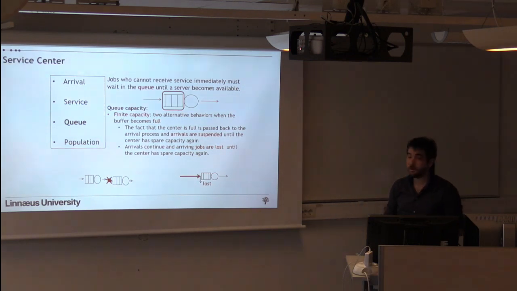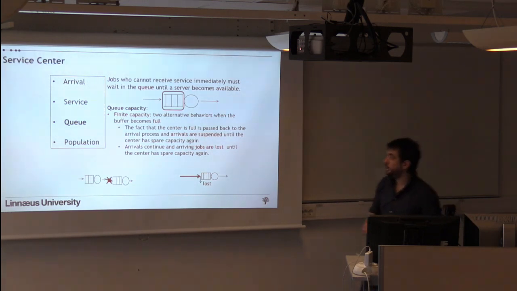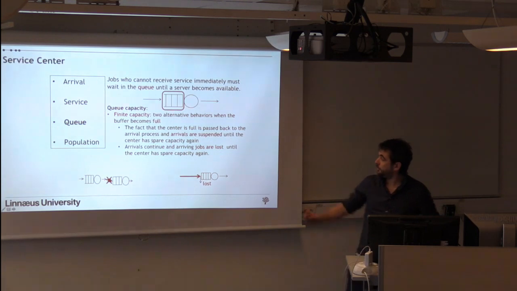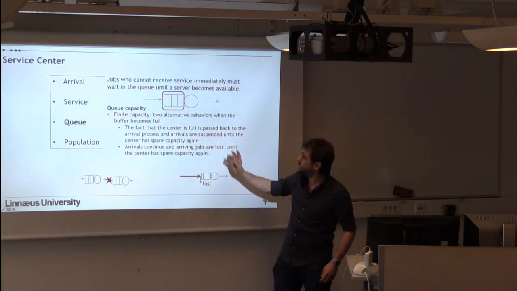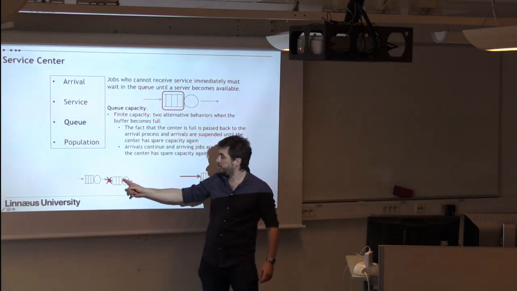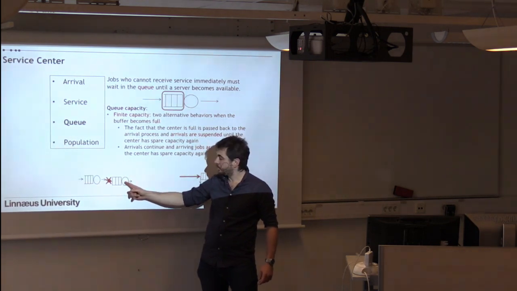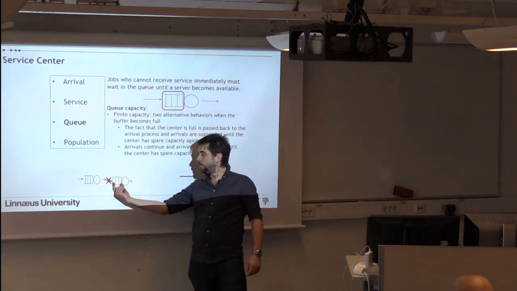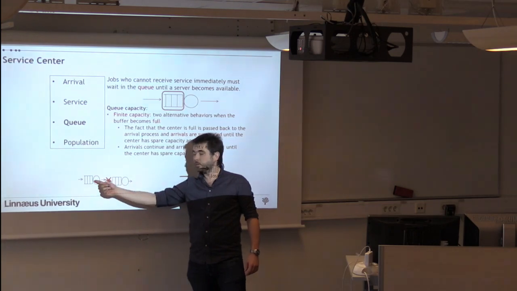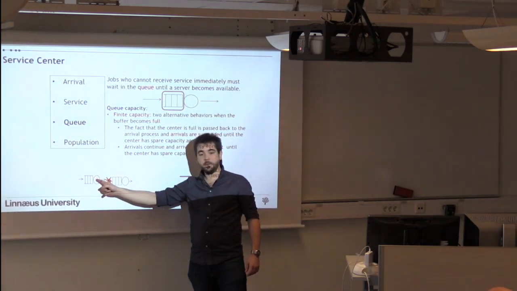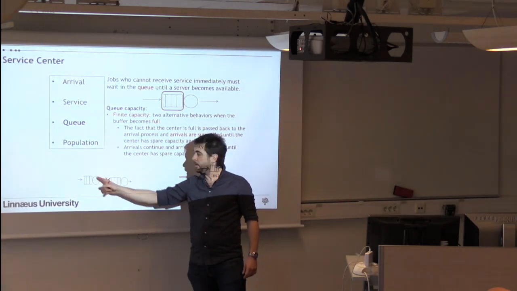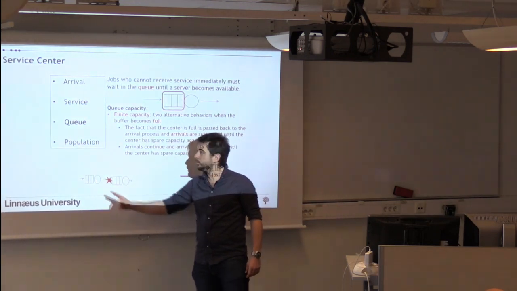If it is finite, there are 2 alternative behaviors when the queue is full. The first one is that the fact that the service center is full is passed back to the arrival process. So if this service center is serving all jobs and this queue becomes full, it's passed to this one. So even if this one finishes something, it cannot pass it on and cannot serve its own. It remains blocked.